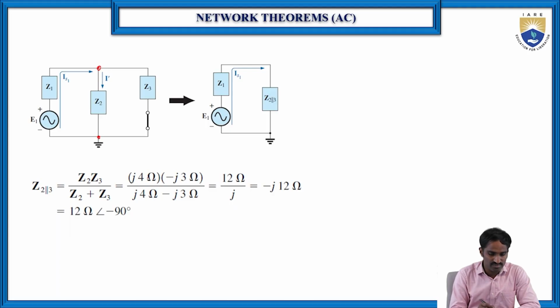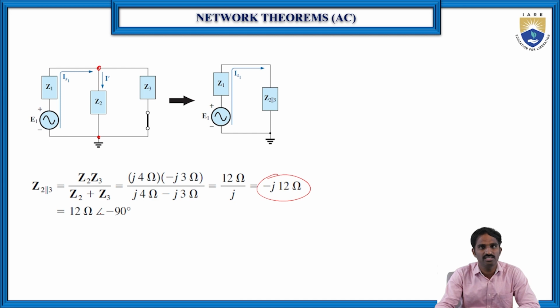We know the values of Z2 and Z3. Just substitute and simplify, then you will get the equivalent impedance between Z2 and Z3, because these two are in parallel, which is minus j into 12 ohms. If you convert this into polar form, it is 12 ohms at an angle of minus 90 degrees.